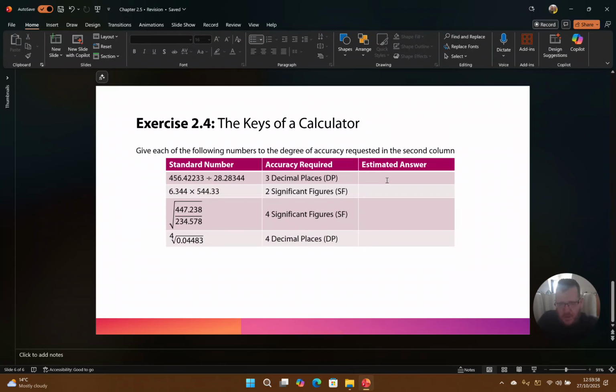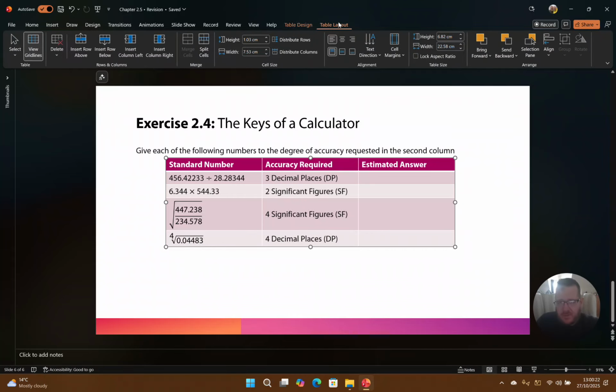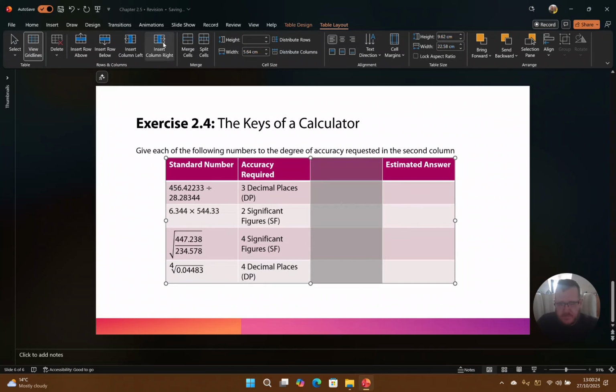We've only got 4 here this time because of how complicated things got. So let's start with three decimal places. We wanted to put one next to that. Let me just sort this table out. And do actual answer.